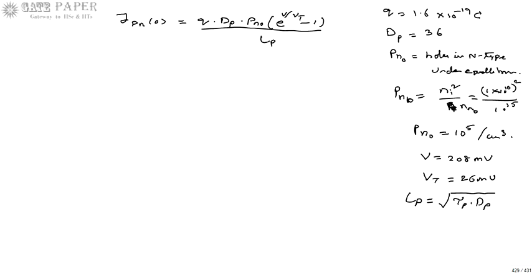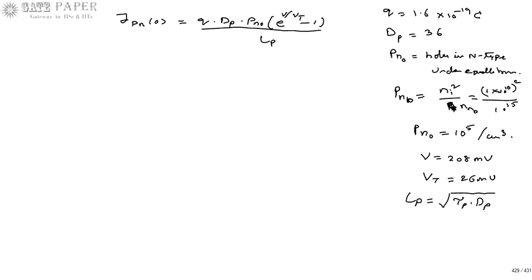Tau P is the average time taken by the hole before recombination. A hole will be alive for that much time within N region, and that is indicated by tau P, the average lifetime of hole in N region. Tau N is the average lifetime of electron in P region.